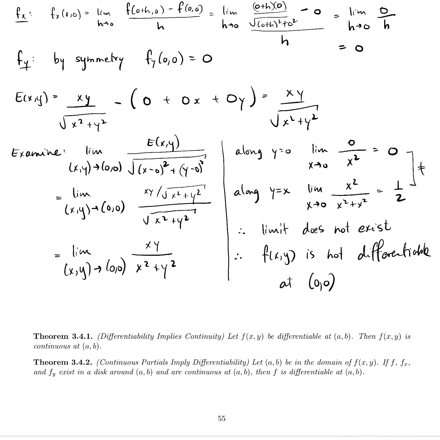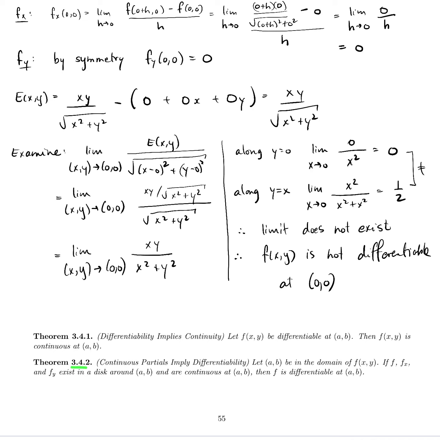The first theorem, 3.4.1, is analogous to a theorem that you would have seen in your first calculus course, and that is that differentiability implies continuity. We're not going to prove either of these two theorems, but they are important results to keep in mind. This theorem says that if f of xy is differentiable at AB, then f of xy is continuous at AB.